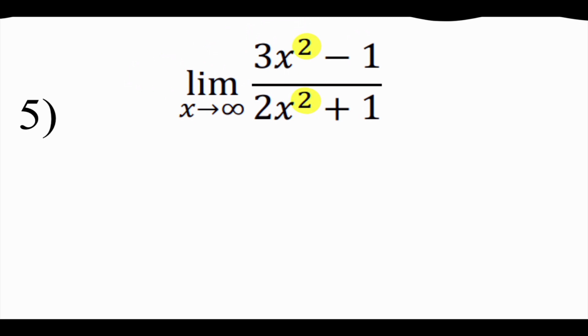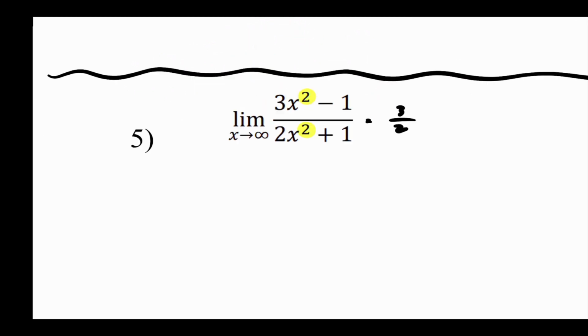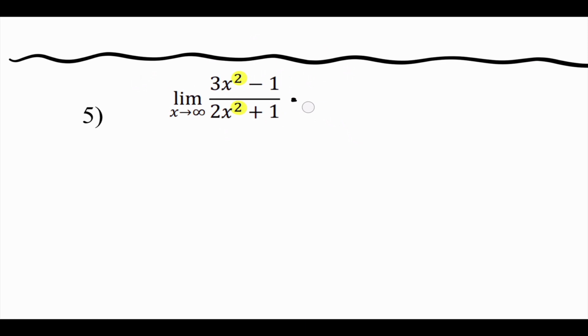The leading coefficients, the leading guys, are the ones with the degrees. The coefficients are the numbers in front, 3 and 2. So a fraction of those would be 3 over 2.